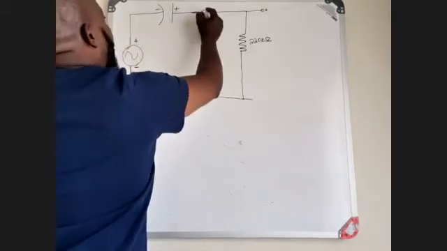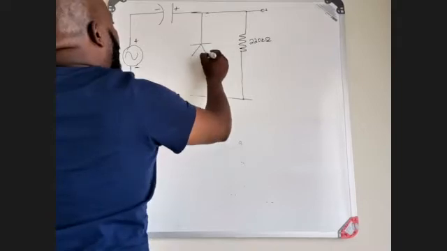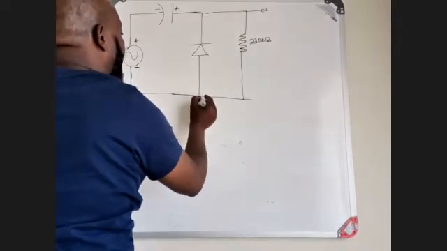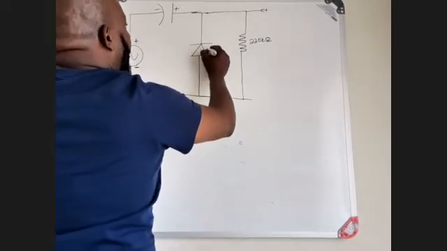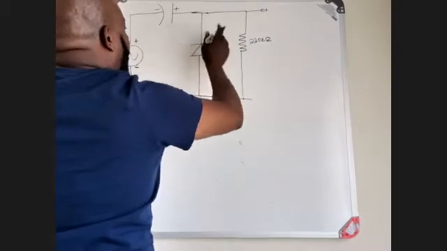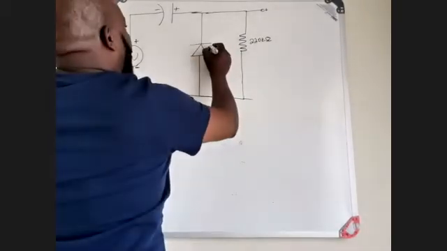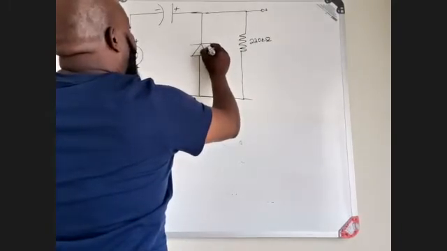Then I've got a diode. Now it's connected in this manner. Again, let's change the material of the diode. Now we are using a germanium diode.